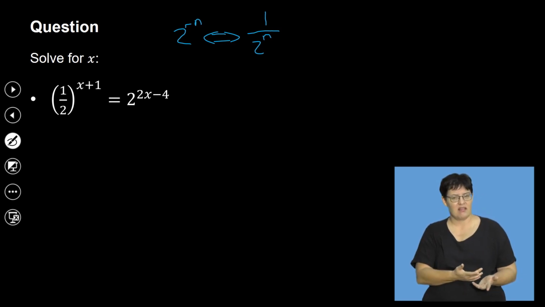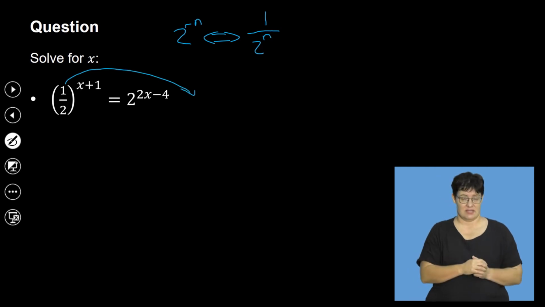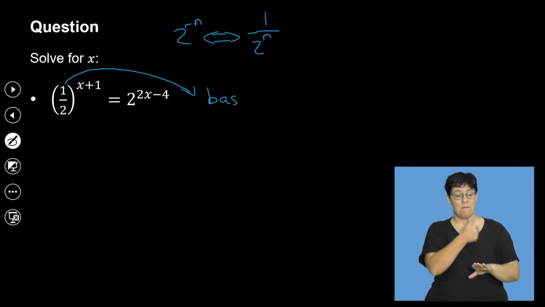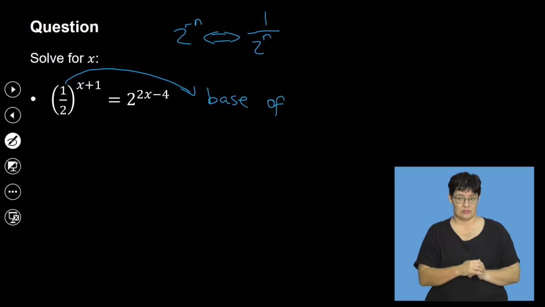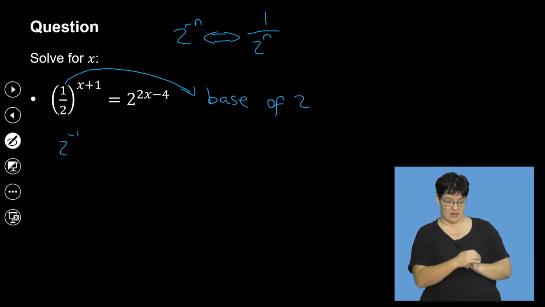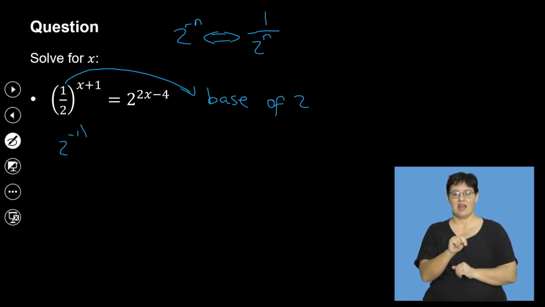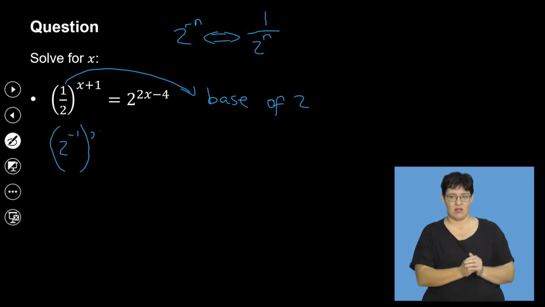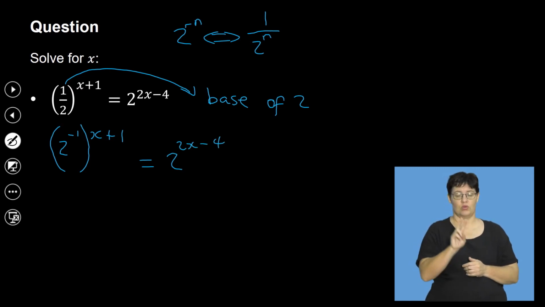Because we then need to make this part here have a base of 2, right? We need to make this have a base of 2. It means it will be 2 to the exponent of minus 1, because my n in this concept will be 1. And then all of this to the exponent of x plus 1 equal to 2 to the exponent of 2x minus 4.